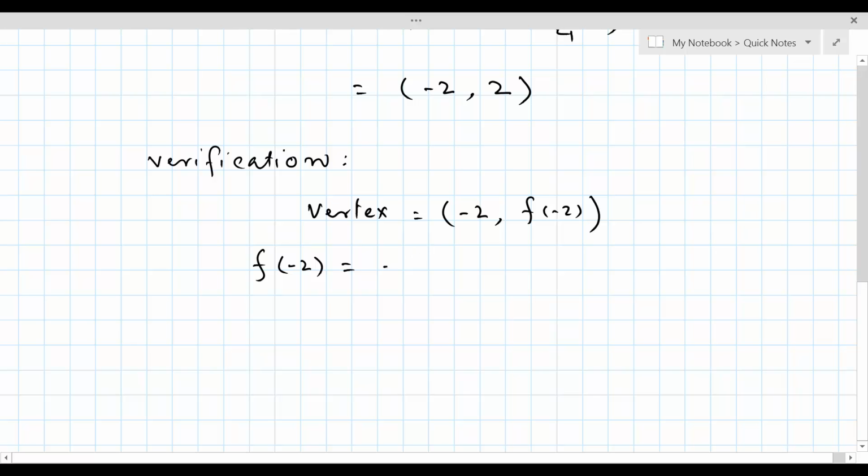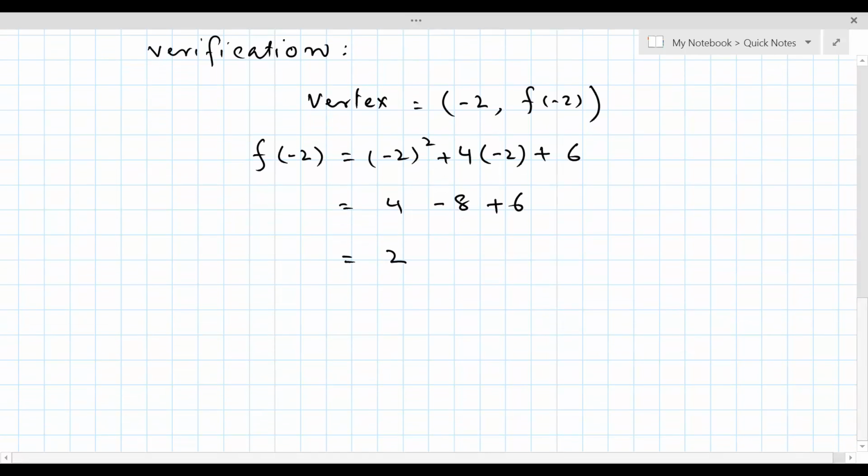This is equal to minus 2 squared plus 4 times minus 2 plus 6. So this is equal to 4 minus 8 plus 6. Again, this is equal to 2. So we have verified that the vertex is equal to minus 2, f of minus 2, which is equal to minus 2 and 2.